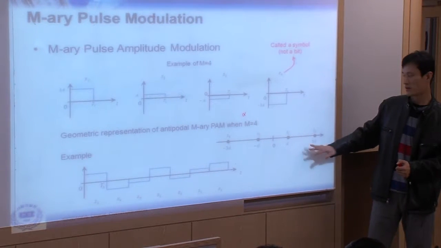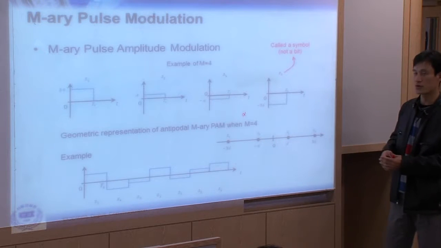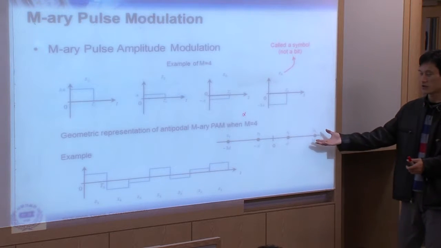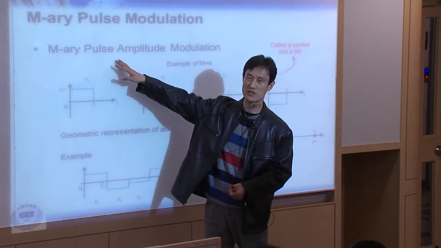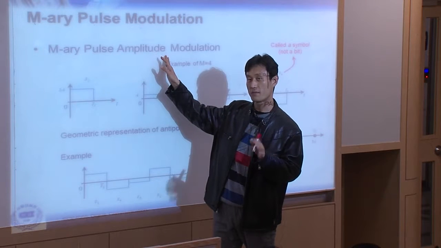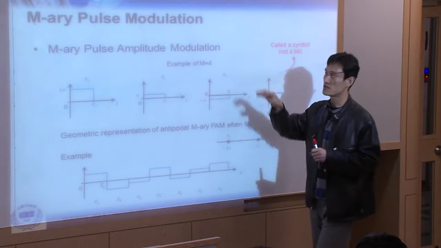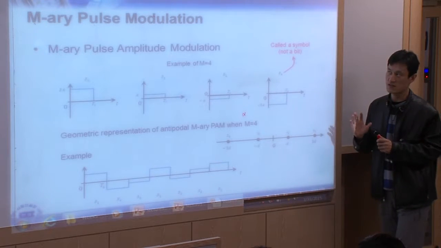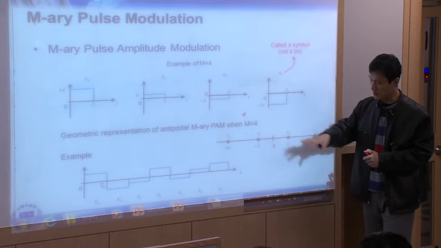In this constellation plot, it just shows you amplitude. There's no phase here because we are not using phase. This PAM needs only amplitude, right? So phase doesn't matter.